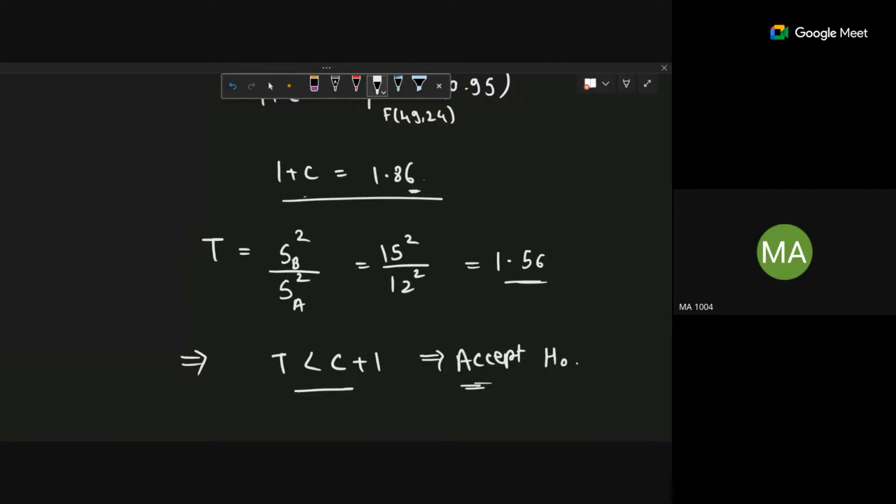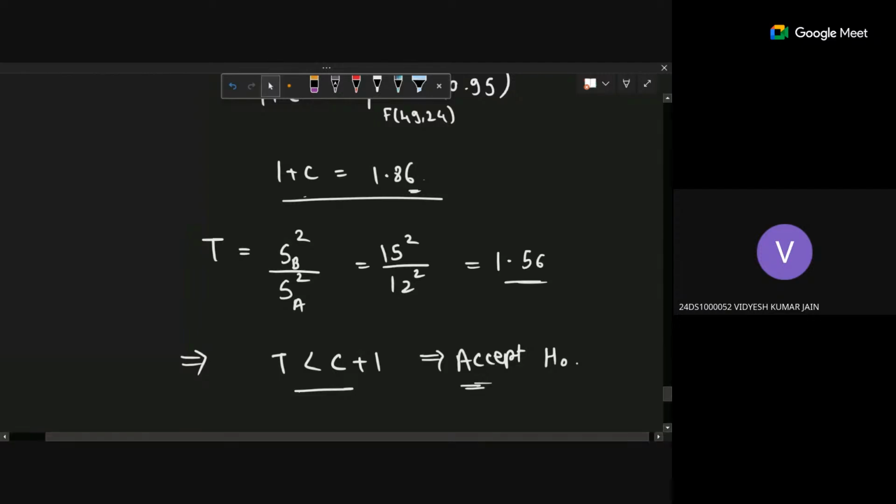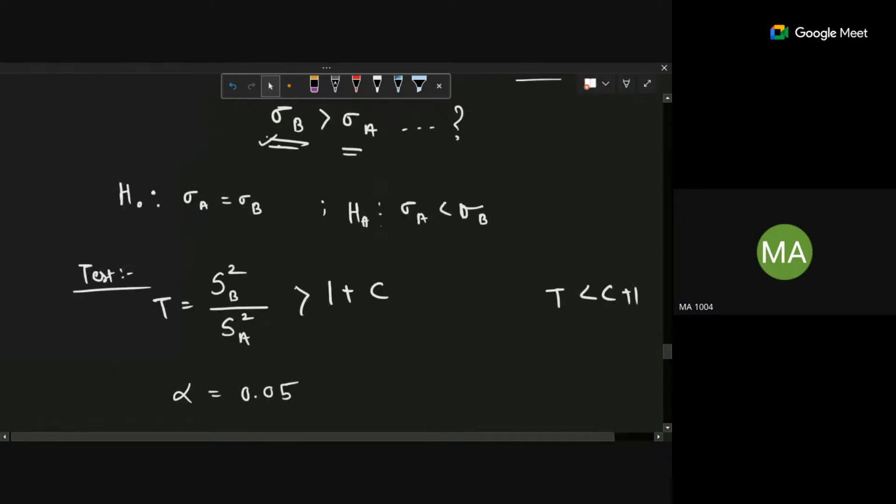Any doubt? In the last question, we accepted the null hypothesis. It means the condition given in the question, that the variability in marks of B is greater than A, is correct or not? No, that is not correct, because whatever the question was, we took that as our alternative hypothesis.